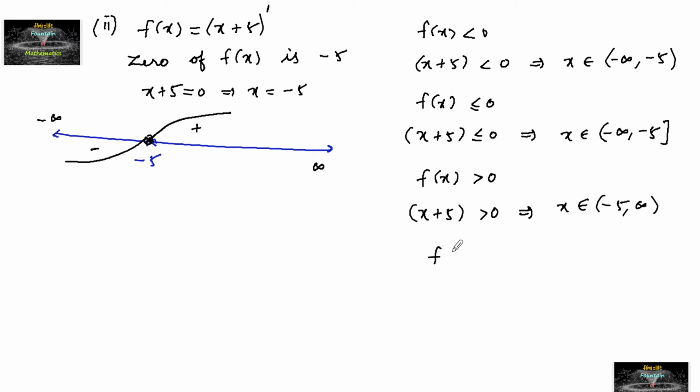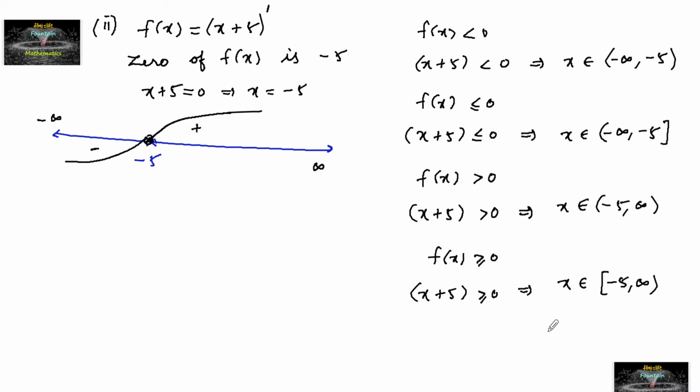And if f of x is greater than or equal to 0, which implies x belongs to minus 5 to infinity including negative 5. So this is how we can find it by the wavy curve method.